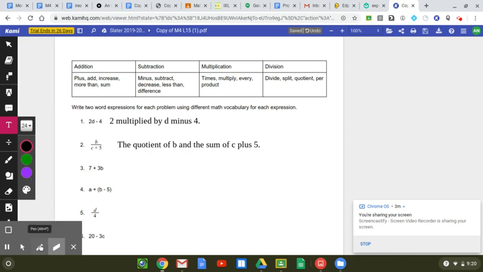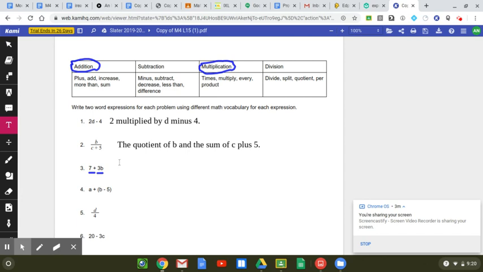All right. Moving along, we have example 3, 7 plus 3 times B. So I have addition and multiplication. So I'm going to be choosing a word from here and a word from here. So I'm going to do 7, and I'm going to use the word increased.